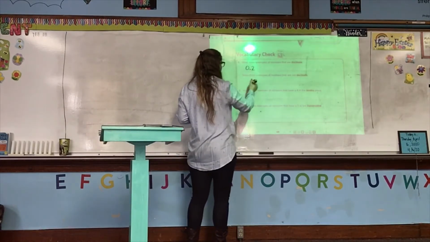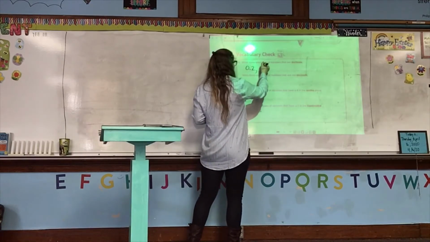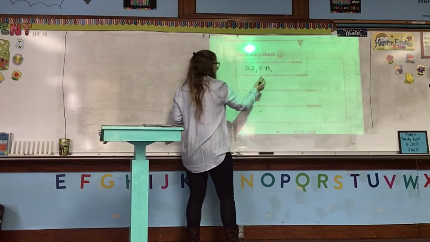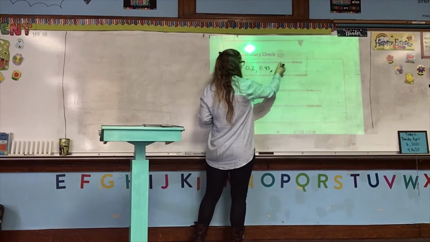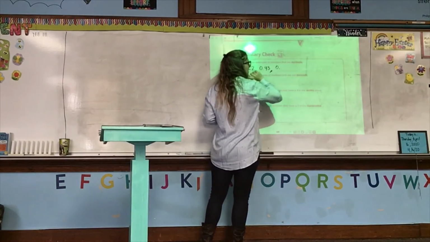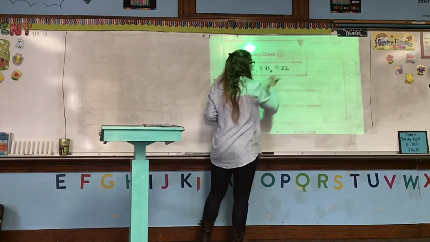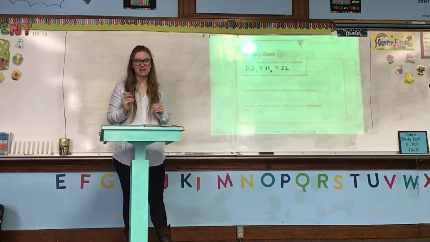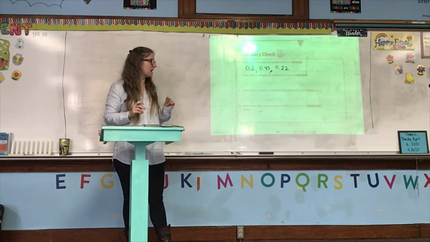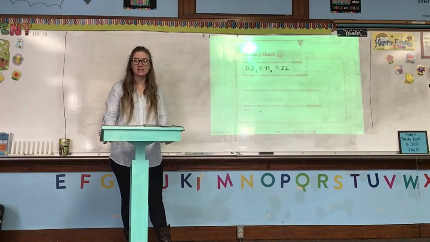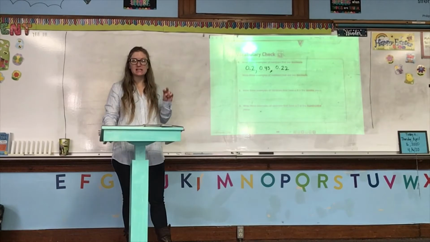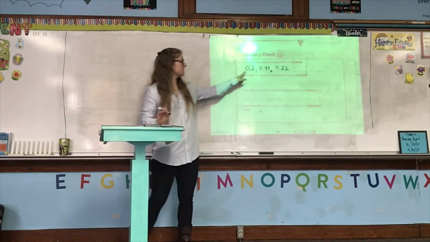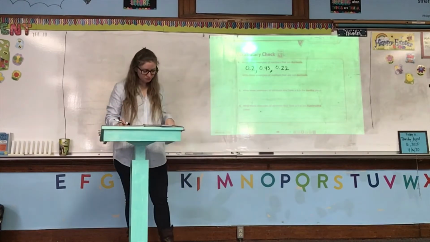I have 2/10, 43 hundredths, and then 22 hundredths. Okay, now you may have completely different ones. That's okay, as long as they have a decimal point and a digit in the ones place, the tenths place, and maybe the hundredths. If you have several that look like this, that's okay.